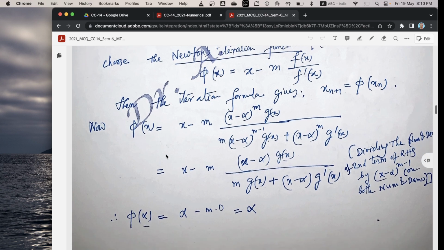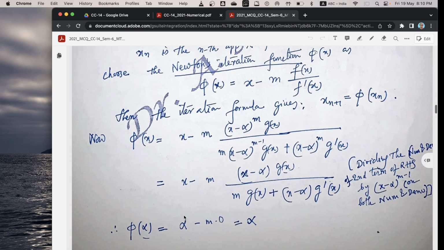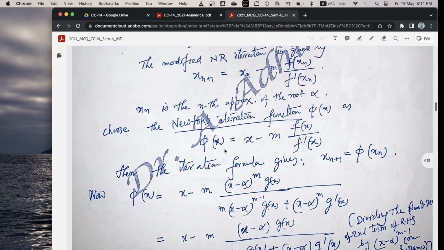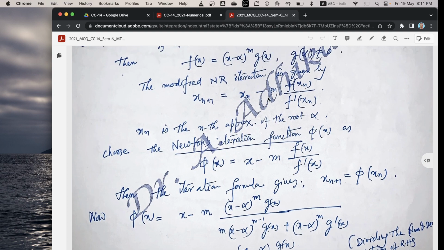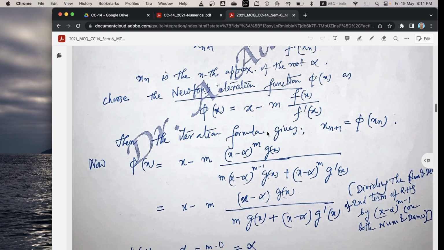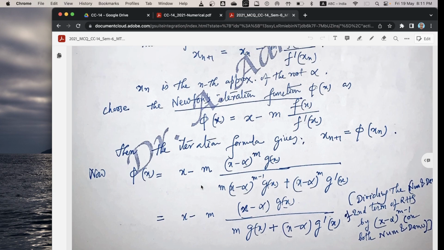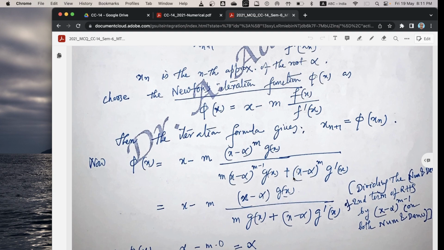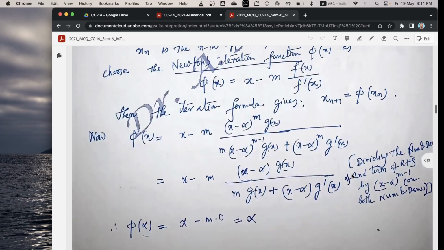Now phi(x) equals x minus m into f(x), where the value of f(x) is (x minus alpha) to the power m into g(x), and f dash x is m into (x minus alpha) to the power m minus 1 into g(x) plus (x minus alpha) to the power m into g dash x.